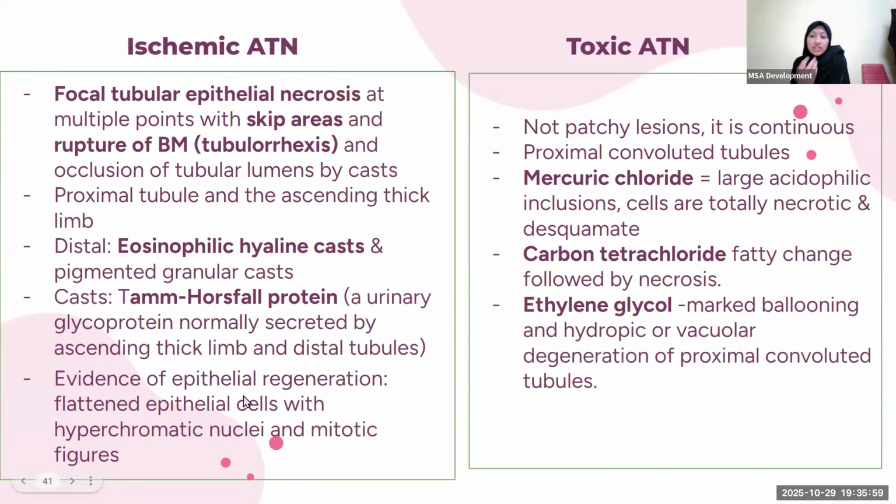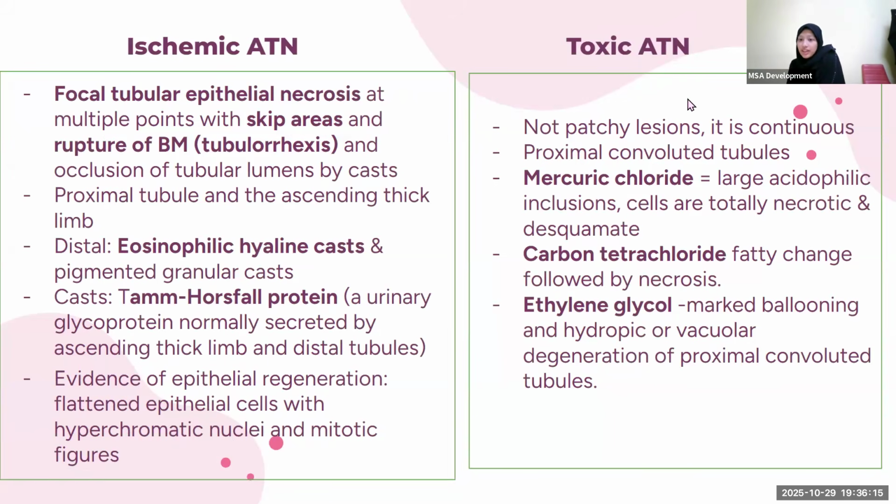There will be some evidence of regeneration as well. Remember how I said they can regenerate as fast as well. So there will be some signs that the epithelia is coming back, like nuclei and mitotic figures in the tubules.